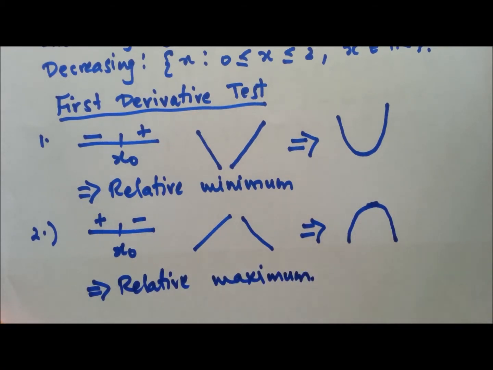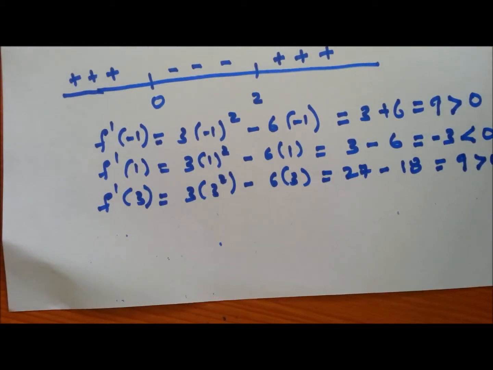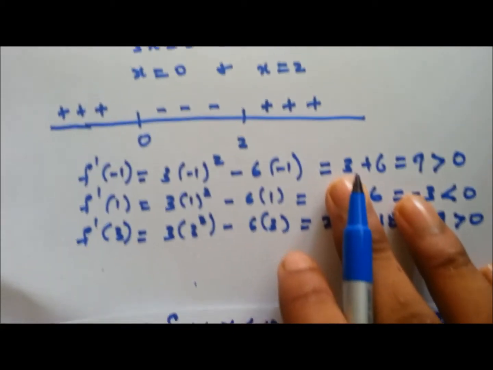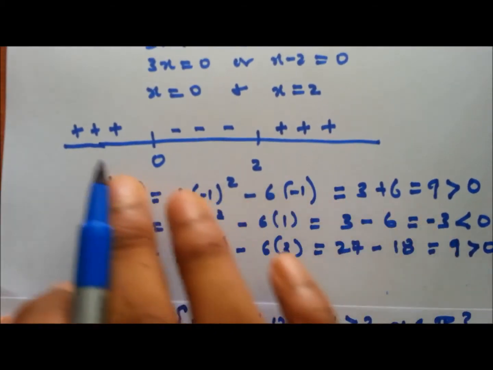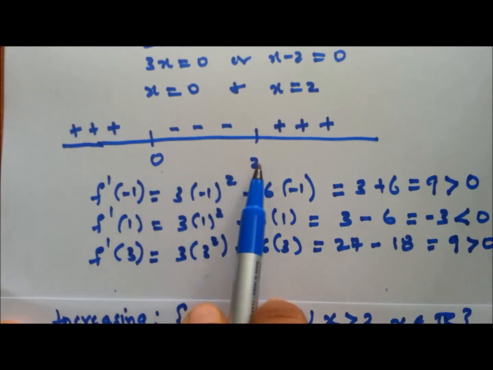Utilizing this concept, let's see where the relative maximum and relative minimum are. Let's go back to our number line. Our critical points are 0 and 2.